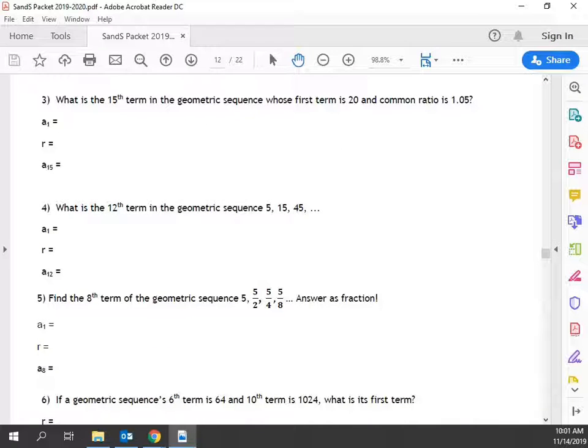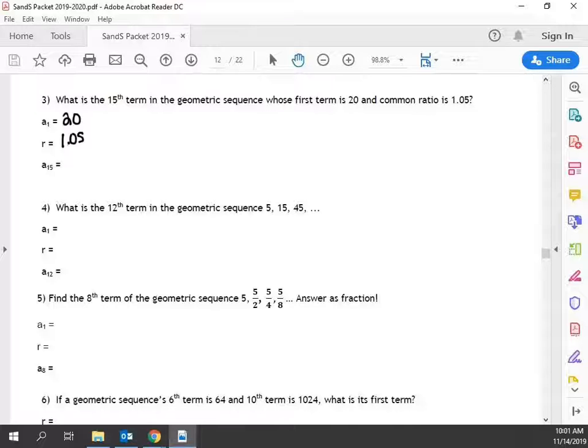Right, so this one goes on to say, what is the 15th term of the geometric sequence whose first term is 20 and common ratio is 1.05? So, what is our first term again? What's our common ratio? 1.05. So, using the equation we talked about, a sub n equals, and what's the first thing we need to put in?